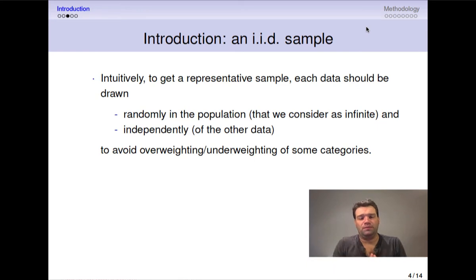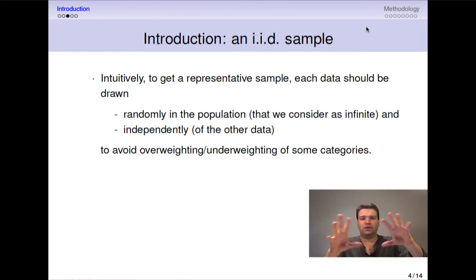If the population is finite, there are other formulas that exist for confidence intervals and so on, but roughly, in a lot of situations, we can consider that the population is sufficiently large to be almost infinite with respect to the size of the sample that we construct. Therefore, to keep things simple in this course, we will focus on infinite populations.